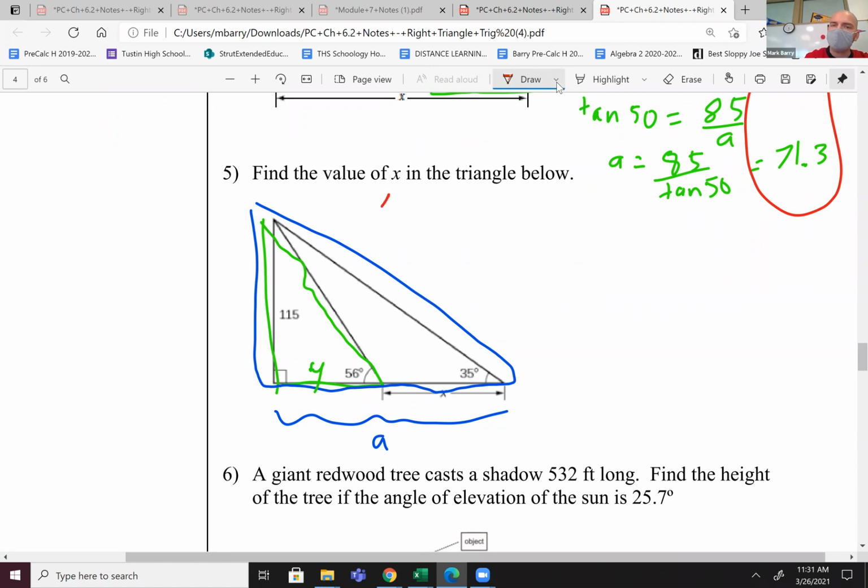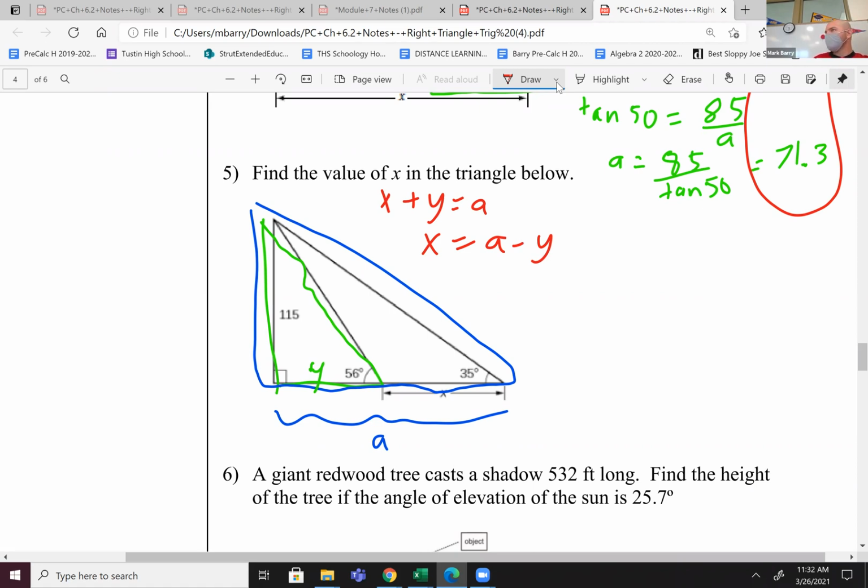Well, it looks like X plus Y equals A, correct? It's two small pieces adding up to the bigger piece. But what's more important for me here is if I subtract that Y over to the other side, X equals A minus Y. So if I can find A and Y, I can subtract them and get X.